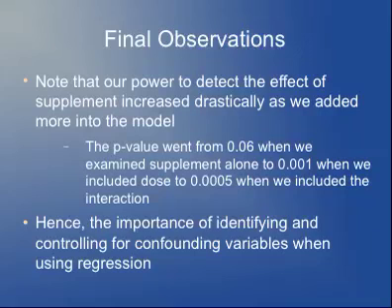When we include dose, suddenly we got a p-value of 0.001, and when we include the interaction, it goes to 0.0005. So our p-value dropped something like 1,000-fold when we included the appropriate confounders. So identifying and controlling for the appropriate confounding variables when you do regression is a very good idea.